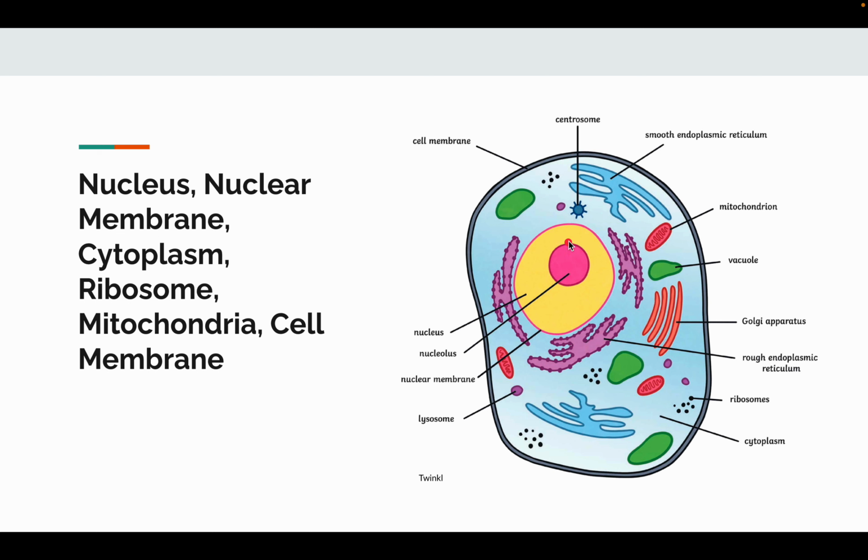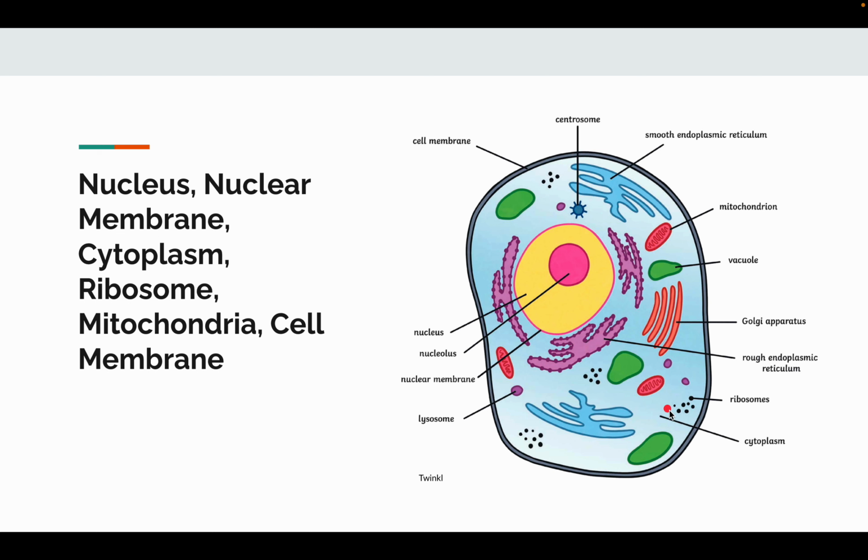Outside of the nuclear membrane, we have cytoplasm, a gelatinous fluid that fills up the cell. It provides structure and helps to move things around. We have all these cell structures, these organs of the cell, flowing around in the cytoplasm.